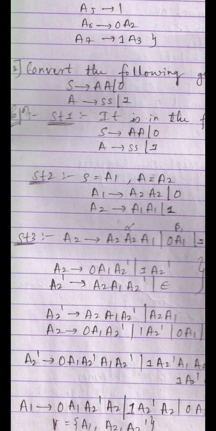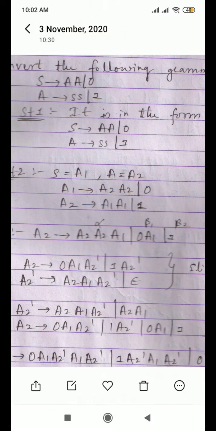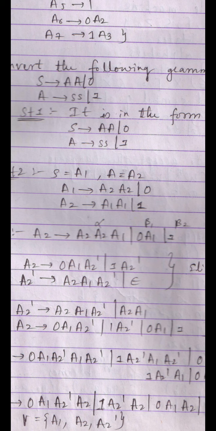Once I eliminate the left recursion, alpha is A2 A1, beta 1 is 0 A1, and beta 2 is 1, giving A2 implies beta 1 A2 dash or beta 2 A2 dash. A2 dash is alpha A2 dash, that is A2 A1 A2 dash, or epsilon.